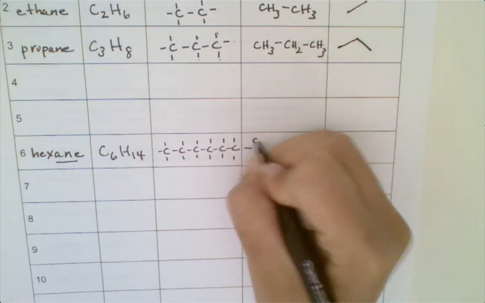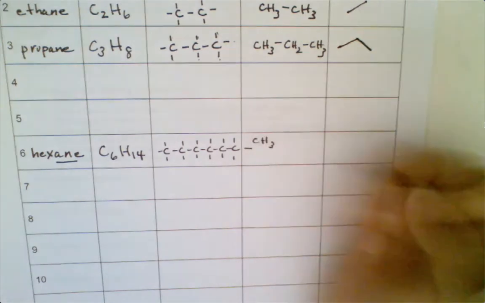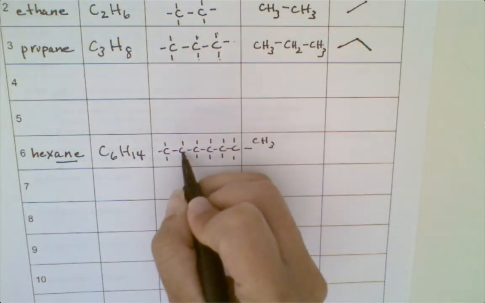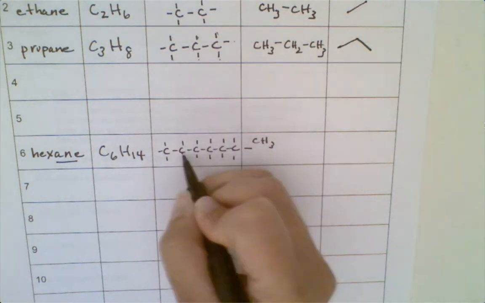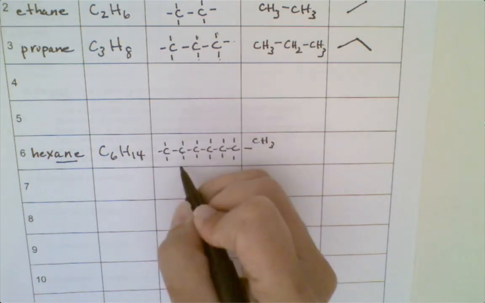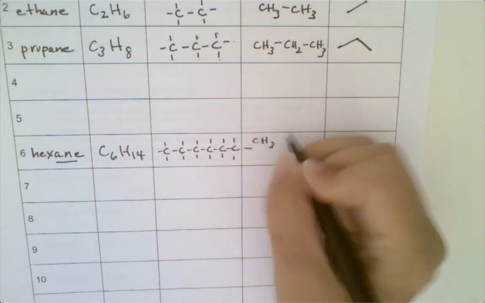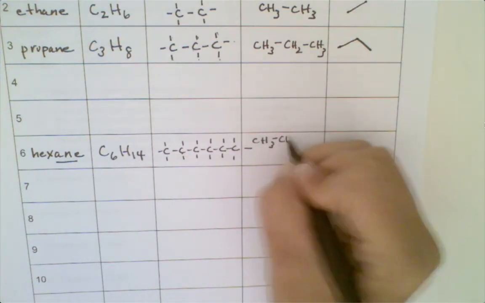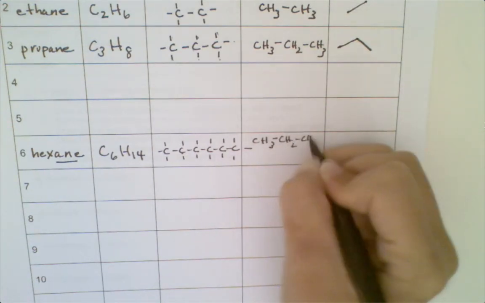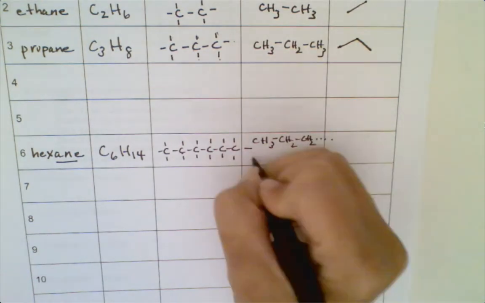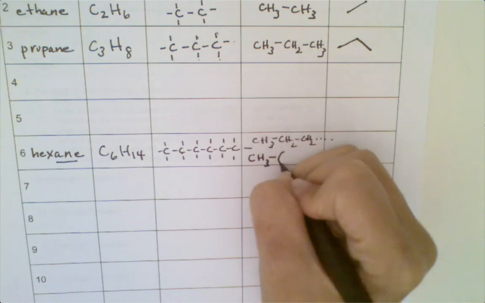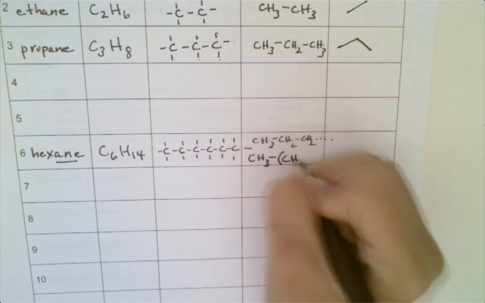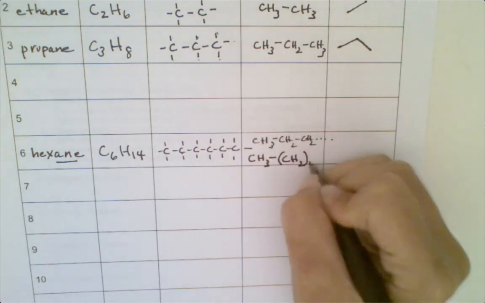that that is a CH3. Now, I notice that I have a whole bunch of CH2s in the middle. 1, 2, 3, 4 of them, in fact. So 4 carbons, each bonded to 2 hydrogens. I could draw each one out doing CH2 bonded to a CH2, etc. Or what I could do is I could say that with a bracket, CH2 in the middle, there are 4 of those.